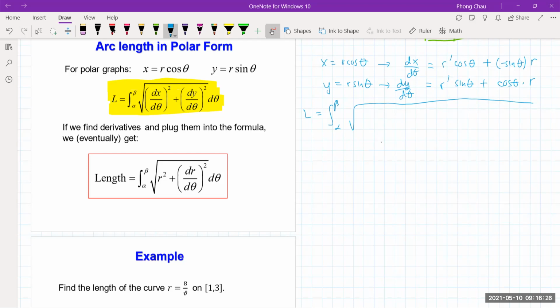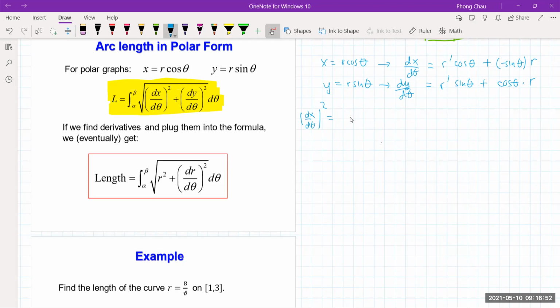Perhaps I just don't want to write the square root yet. Let's square the derivative of x and the derivative of y and try to simplify what's inside without the square root first. So if you square dx d theta, you're going to have the whole thing squared. I'm going to skip the detail.